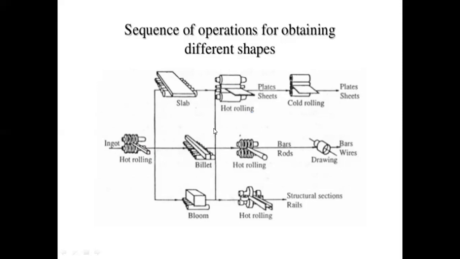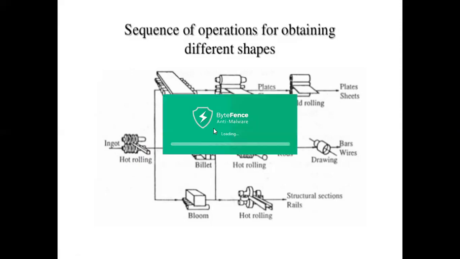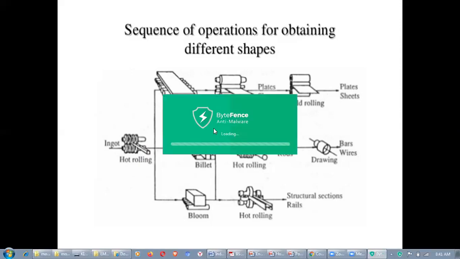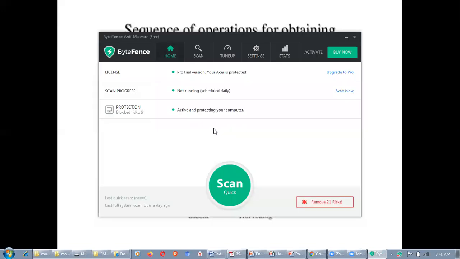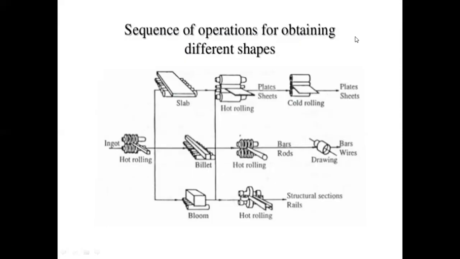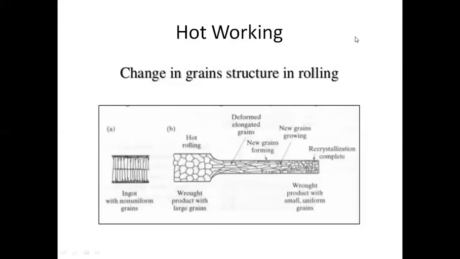So how is rolling classified? Hot rolling and cold rolling. This is the basic classification of the rolling process, right? So let's see hot rolling.